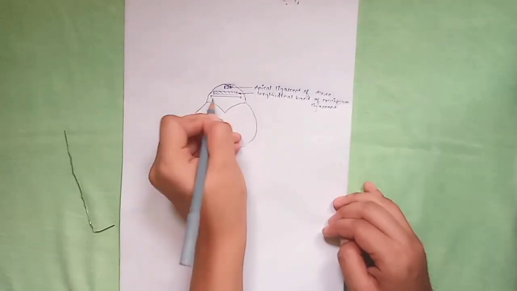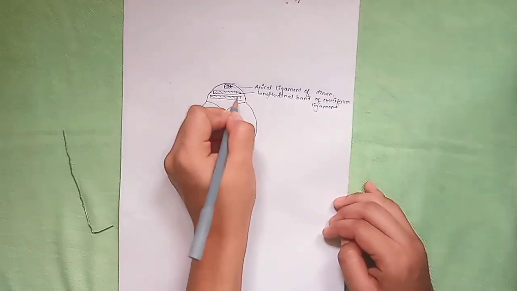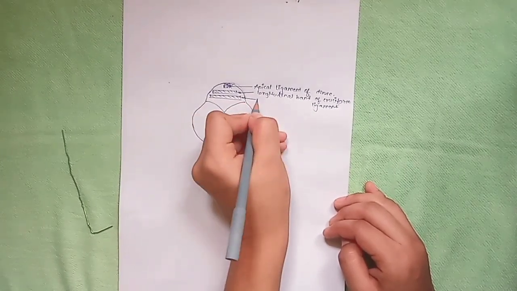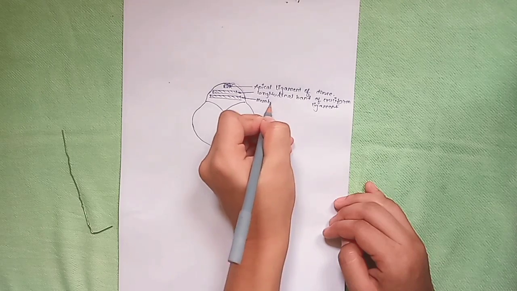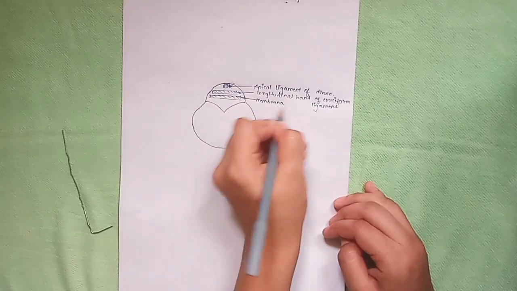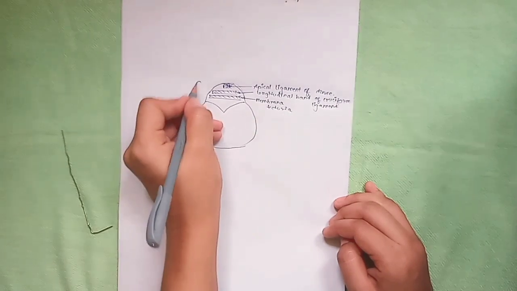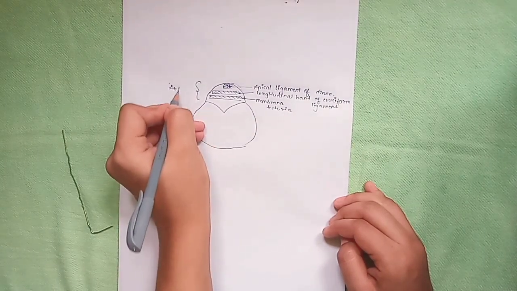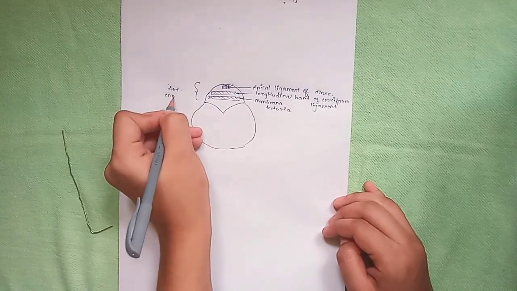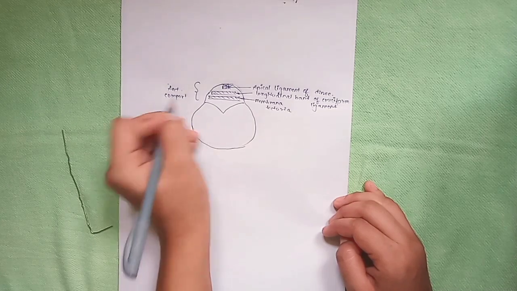There is one more attachment over here which is of membrana tectoria. So this was all about the anterior compartment of the foramen magnum.